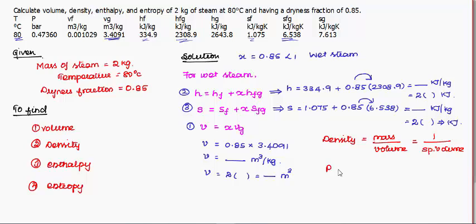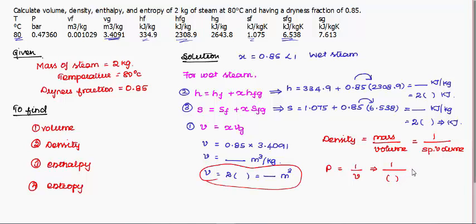So density rho equal to 1 divided by specific volume small v. Substitute the value of specific volume here and you get the density of the steam. So this is the solution for the first problem.